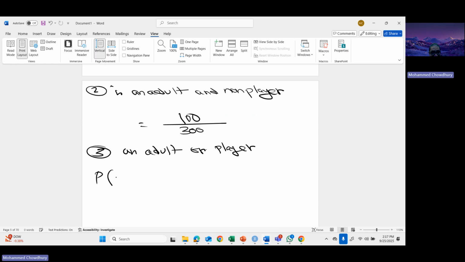Probability of an adult or player means union, okay? This could be written as probability of an adult plus probability of a player and then minus probability of adult and player.